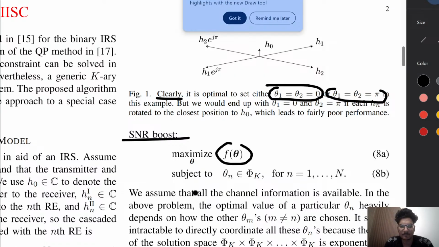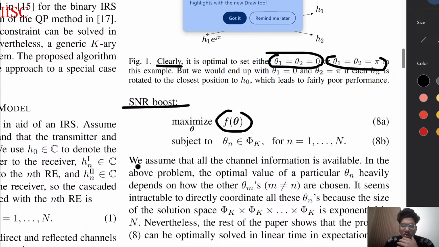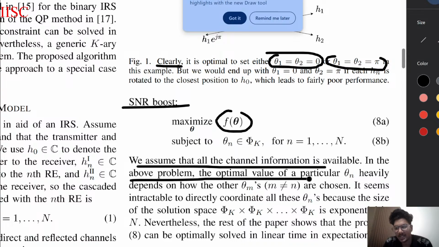We assume that all the channel information is available in the above problem. The optimal value of a particular theta n heavily depends on how theta m, where m is not equal to n, is chosen.